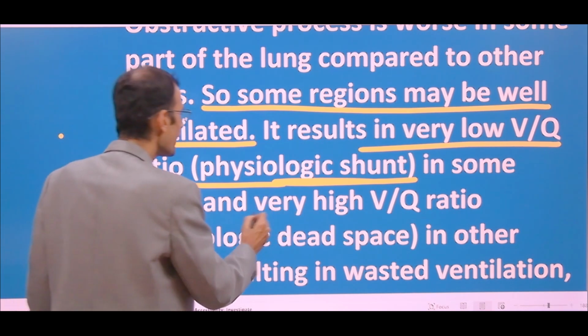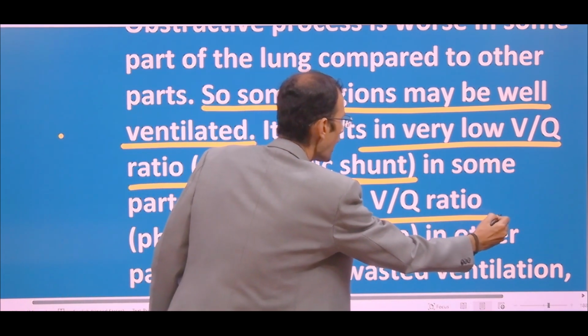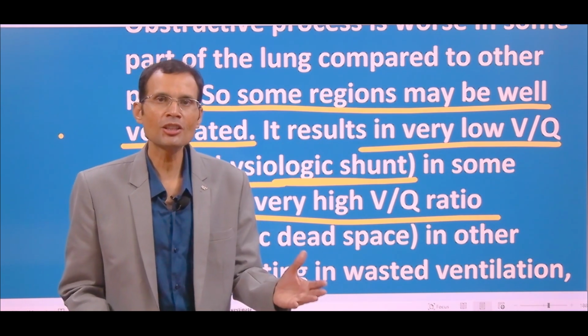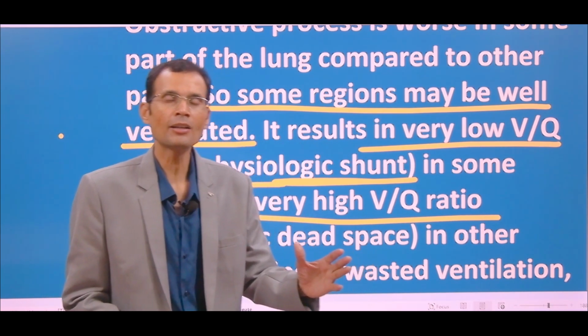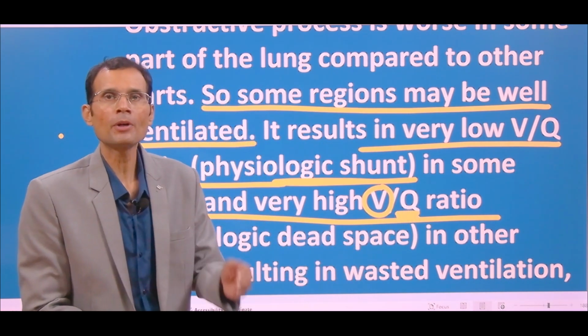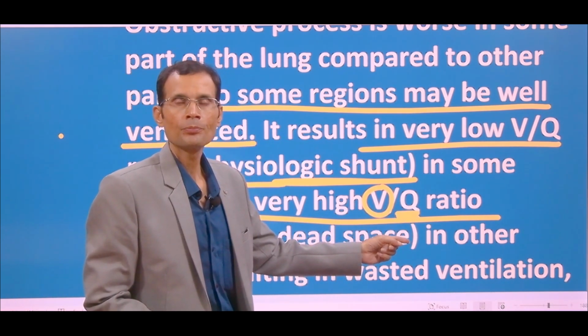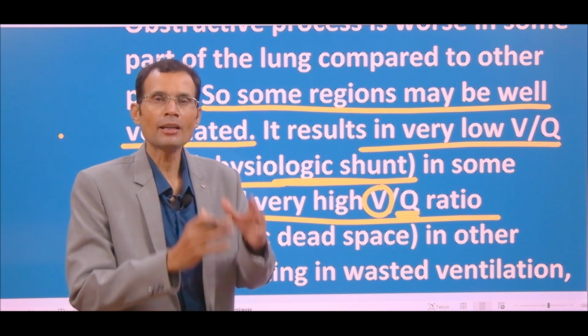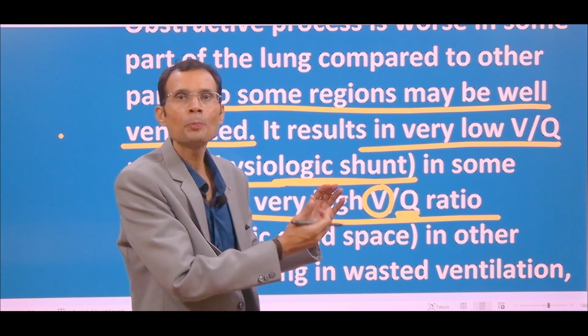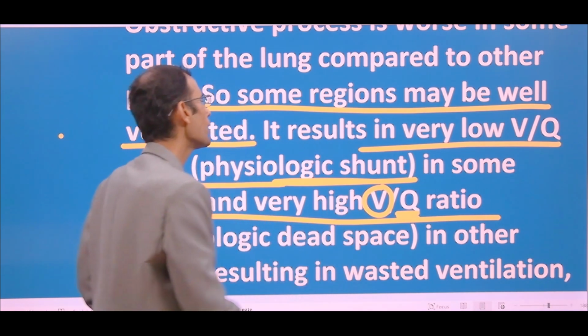And in some other areas, there is a very high V to Q ratio. In some other regions, ventilation is there, but there is not enough blood perfusion to match it. Which means that ventilation is wasted because there is no blood flow to pick up the oxygen. So wasted ventilation.